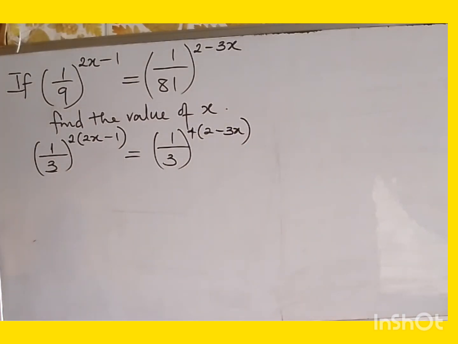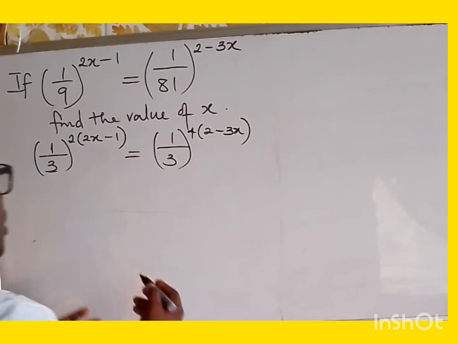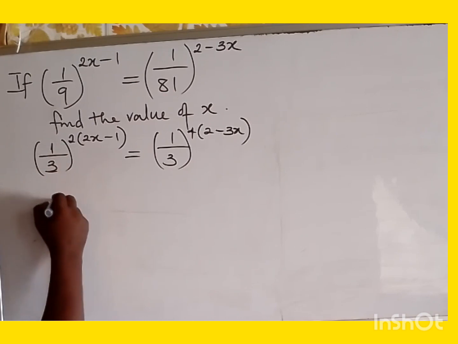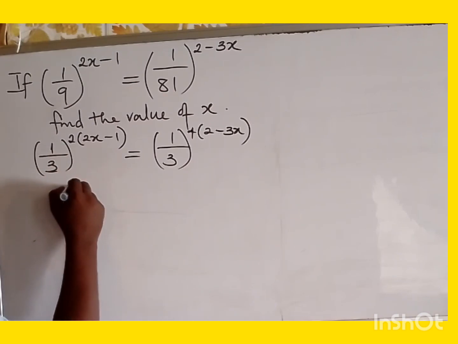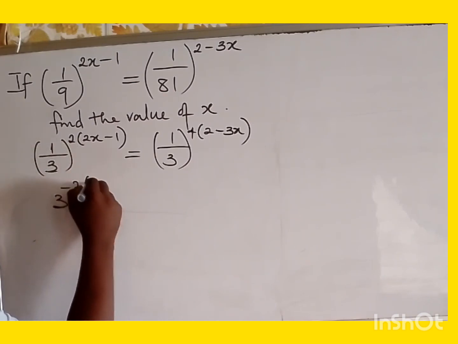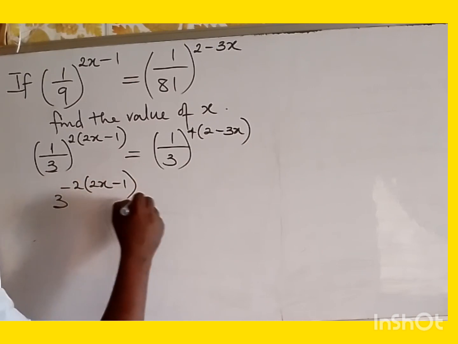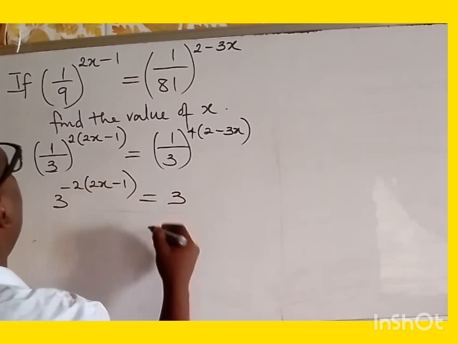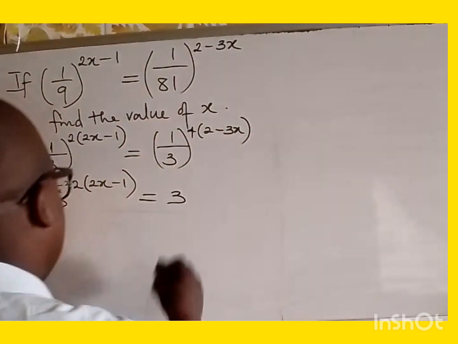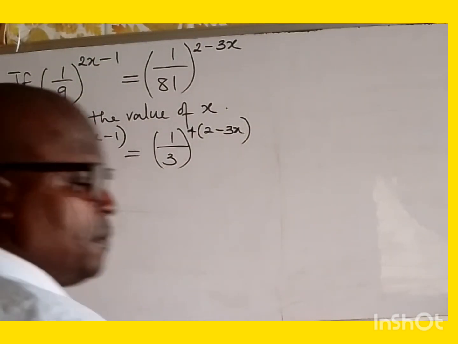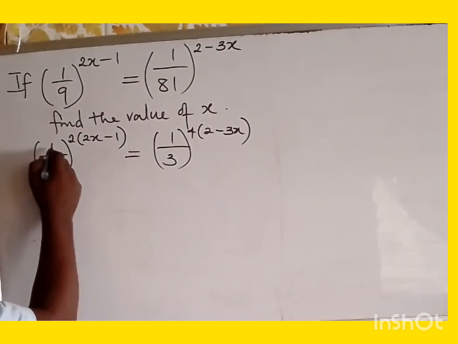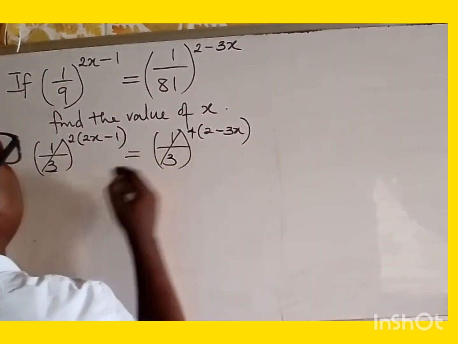From here, we can still apply the law of indices to solve it. I can have 3 to the minus 2 into 2x minus 1 is equal to 3, or instead of simplifying it in this way, I can actually cut them. I have 1 over 3 here, and 1 over 3 here too.